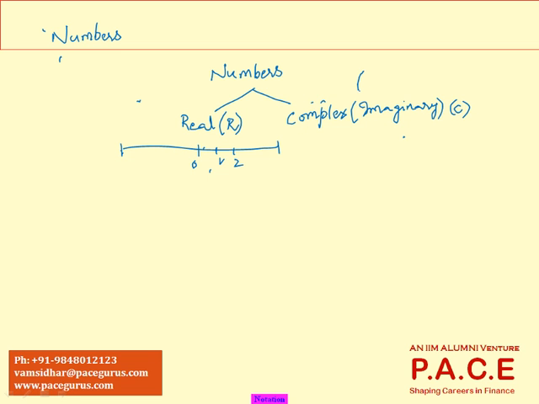For example, I say square root of minus 2. We know that square roots are defined only for positive numbers. Then how do I find the square root of minus 2? It does not exist in the real world. So any of those numbers that cannot exist in the real world, we categorize as complex or imaginary numbers.